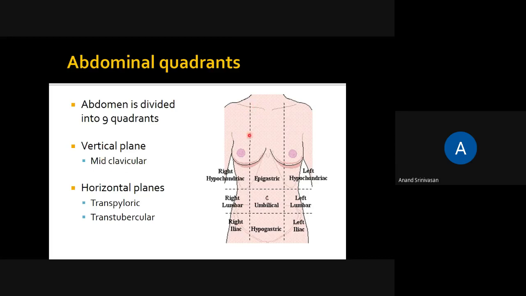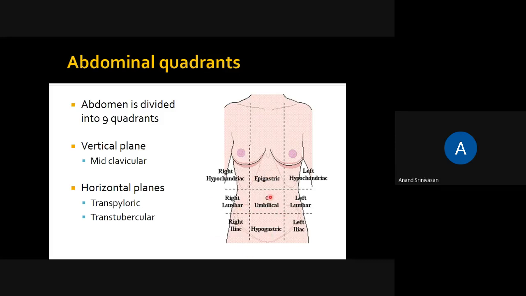Of the 2 horizontal lines, the one on the top is called the transpyloric plane, and the plane which passes below is called the transtubercular plane. Transpyloric, transtubercular. These lines divide the abdomen into 9 quadrants.